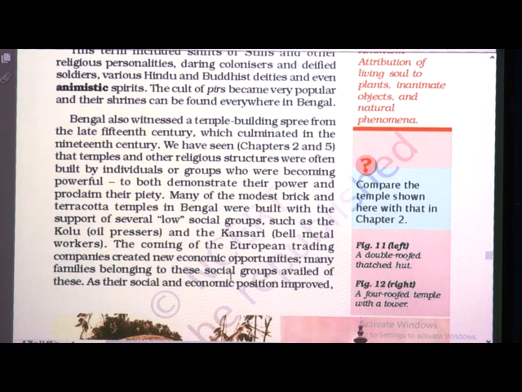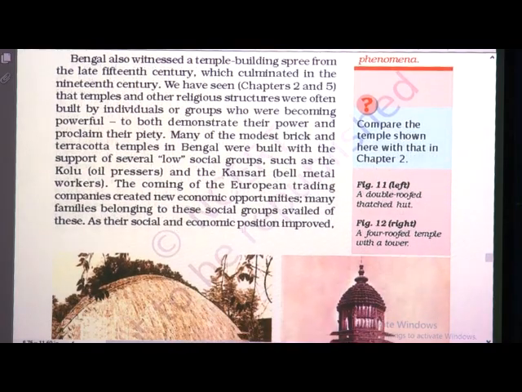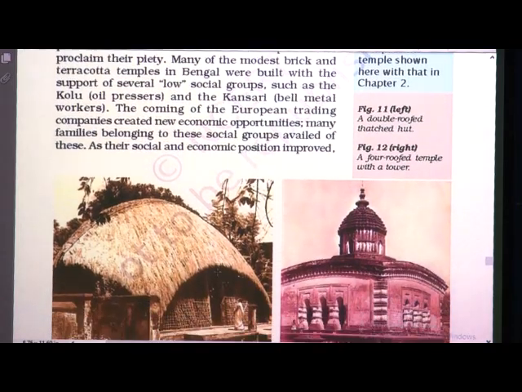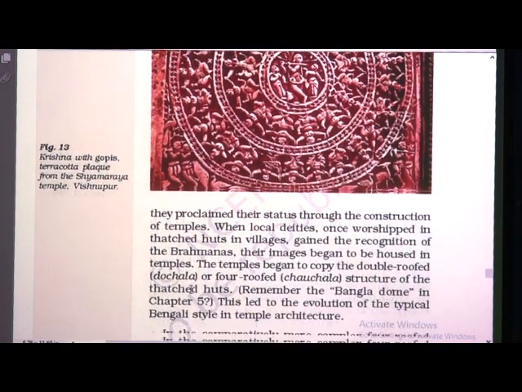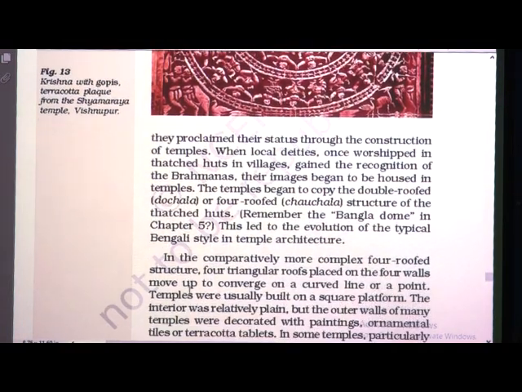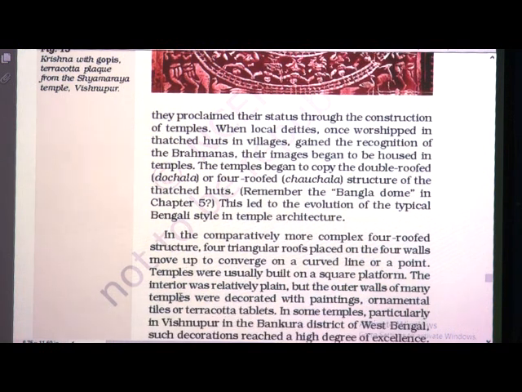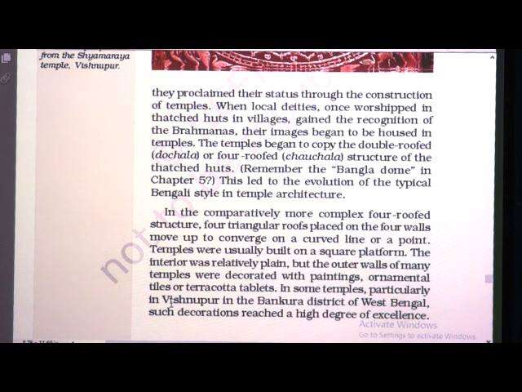Going to the next page, they proclaimed their status through the construction of temples. When the local deities once worshipped in thatched huts in villages gained the recognition of the Brahmanas, their images began to be housed in temples.